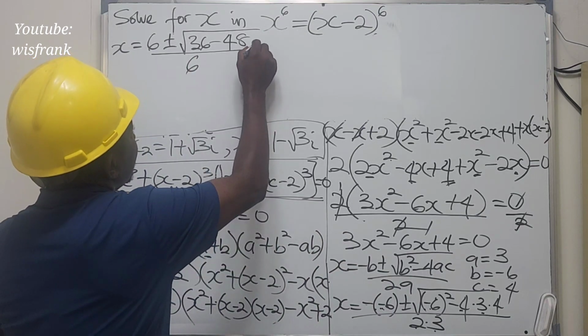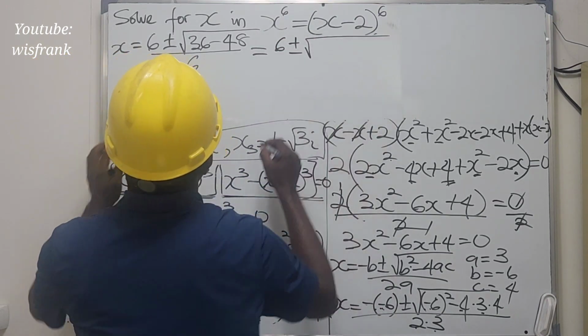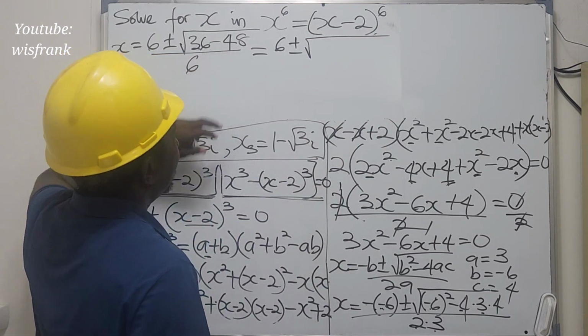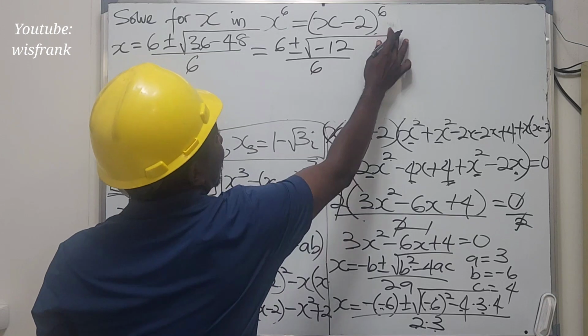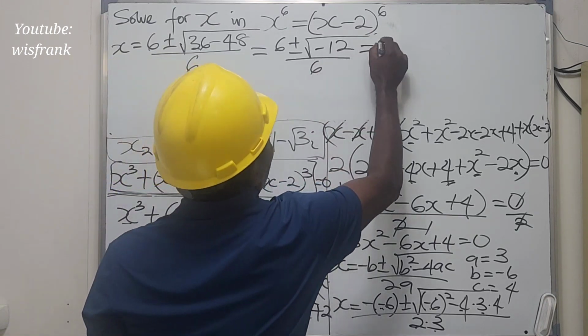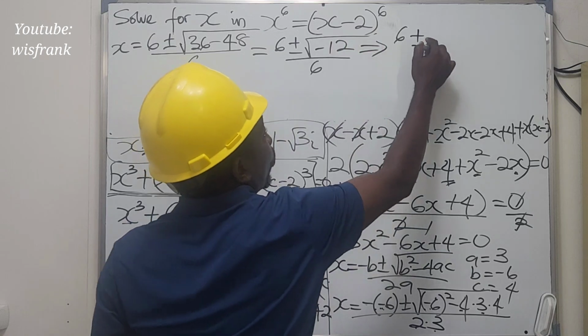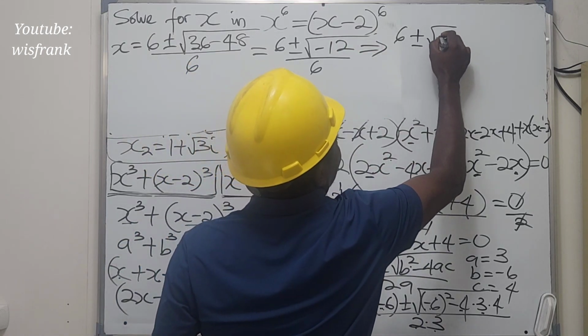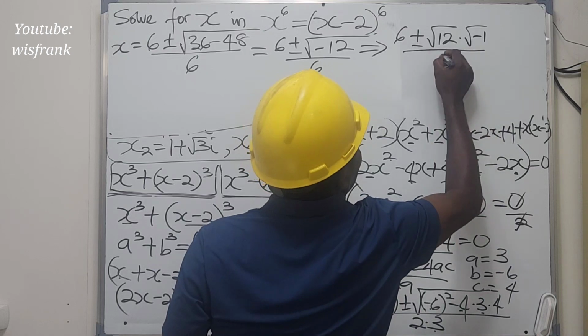In this case, this is the same thing as 6 plus or minus square root of 36 minus 48 gives us minus 12. Then we have all over 6. So in this case, this will give us 6 plus or minus this 12 is going to be square root of 12 times square root of minus 1 all over 6.